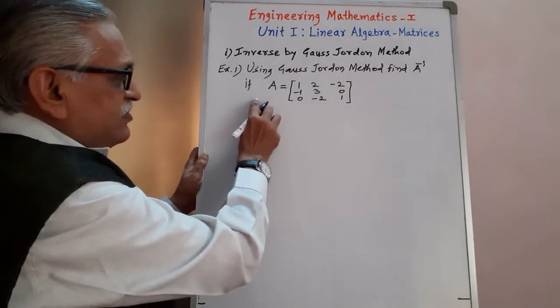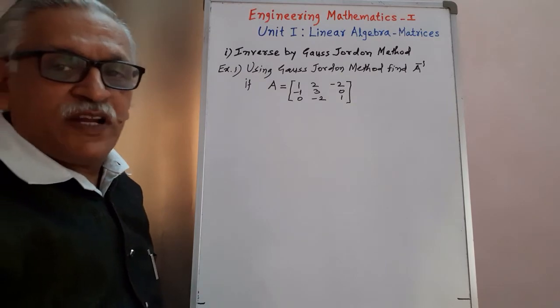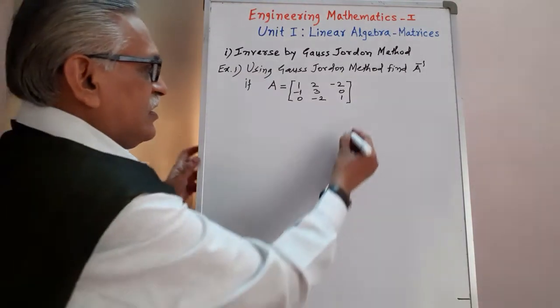This is the given matrix whose inverse we have to obtain by applying Gauss Jordan method.